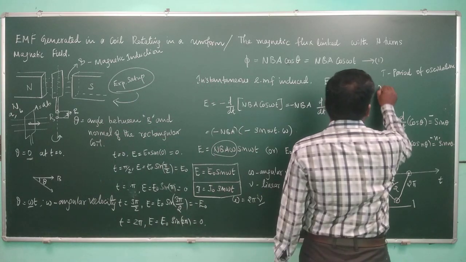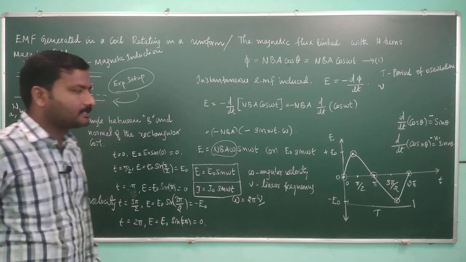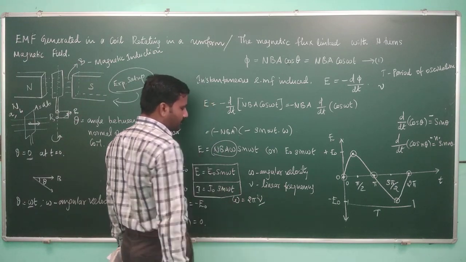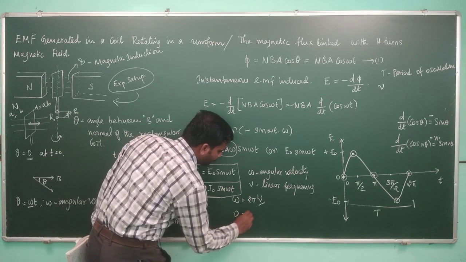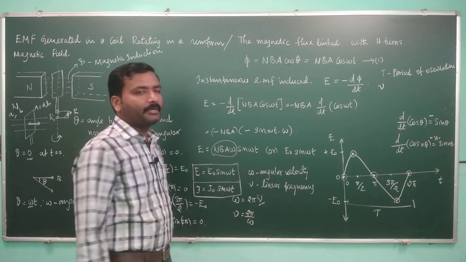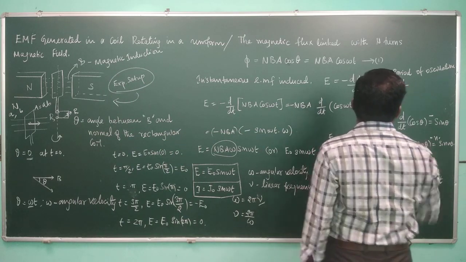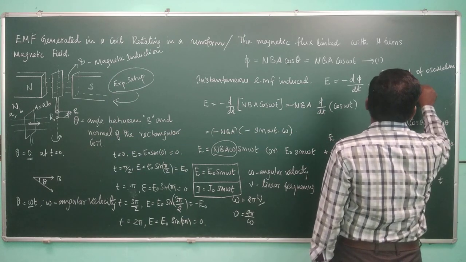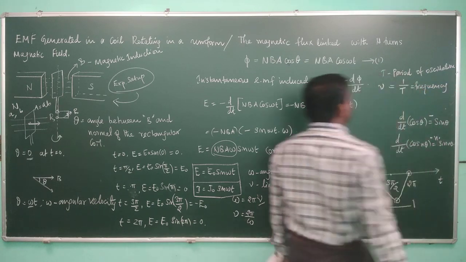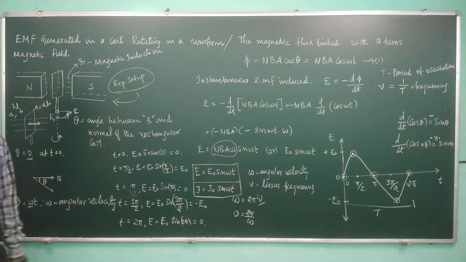And the linear frequency of this alternating voltage or alternating current can be written in terms of omega as omega by 2 pi, or you can say it is the reciprocal of T, 1 by T. This is the frequency of the alternating current or alternating voltage.